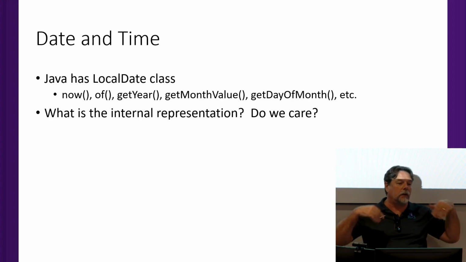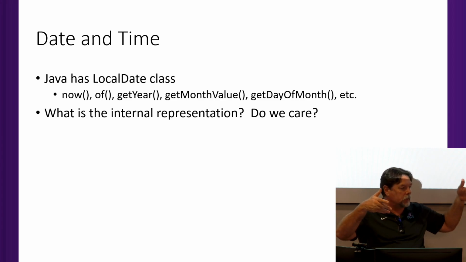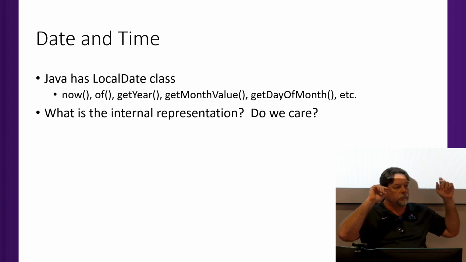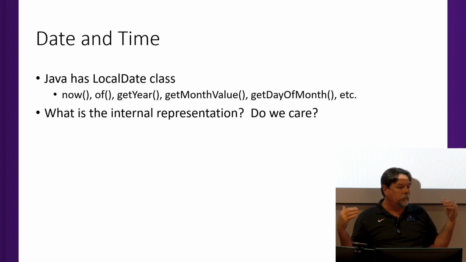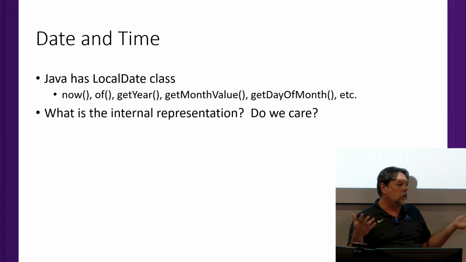If I created an instance of a local date object and set it to January 1st of 2024 at 8 o'clock and 0 seconds, and then I said, add 7 days to that object, is it going to take into consideration leap years?